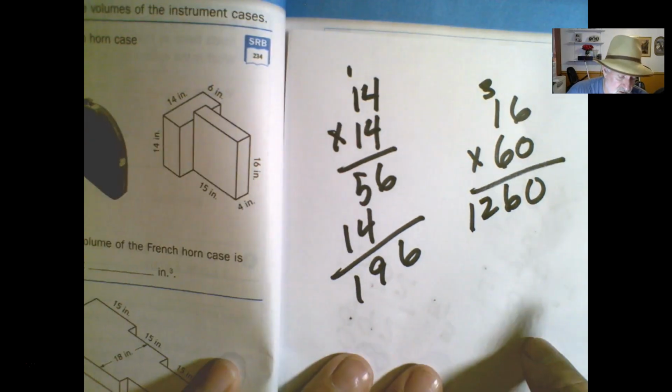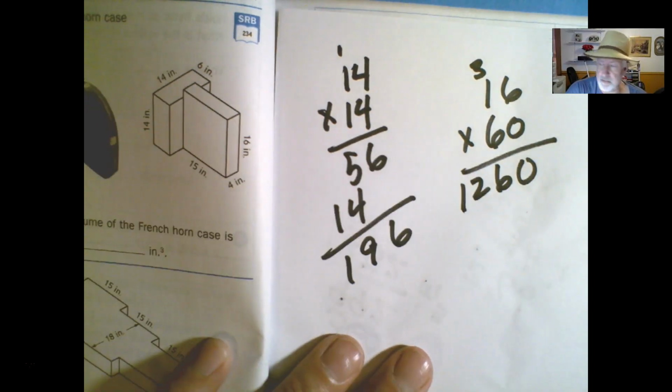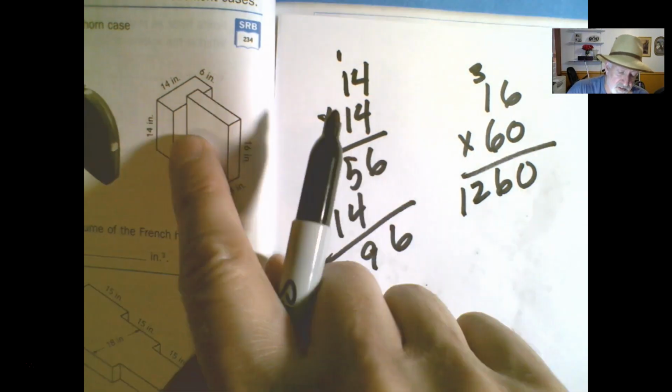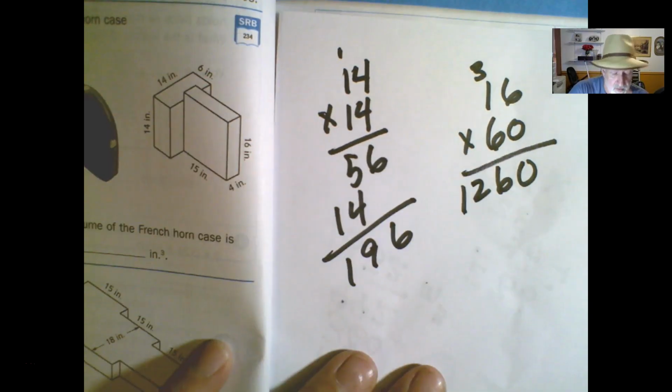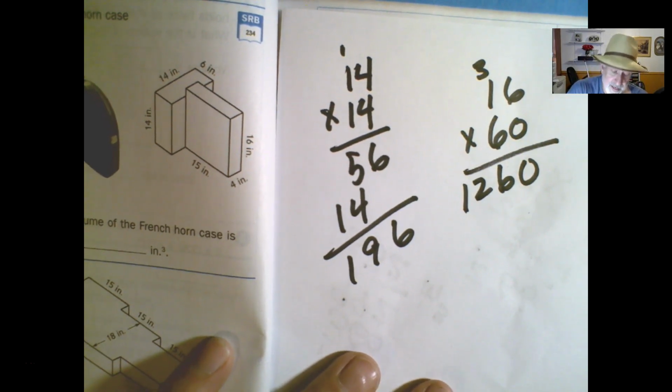So if I take those two and add them together, all of a sudden I think to myself, something's wrong here. Why is that one so much bigger than this one, when they look like they might be different sizes, but not quite that different?